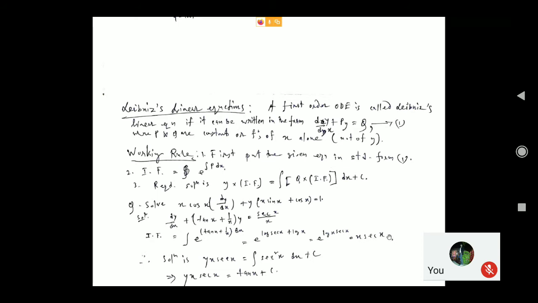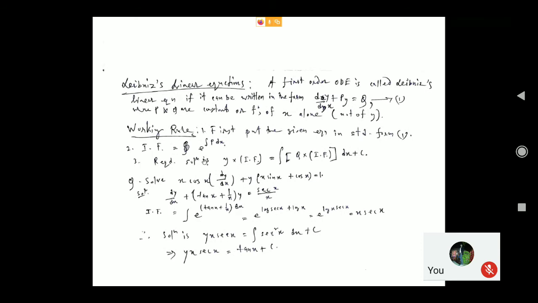Therefore, now our solution is matching with this formula: y into integrating factor equal to integration of Q into integrating factor, where Q is sec x by x. So x gets cancelled, you have sec square x dx plus c. After integrating, you get the result.